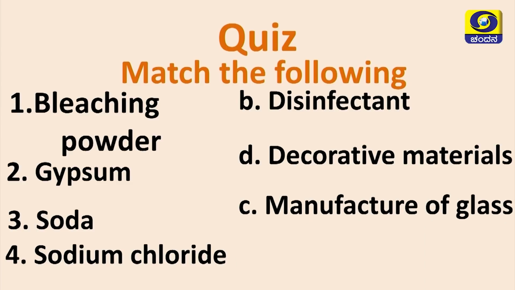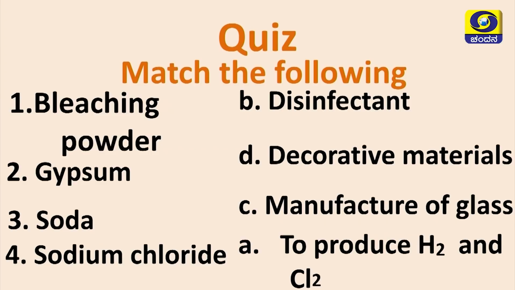Next is soda, it is used in the manufacture of glass, and soaps also, but here glass is given. Next, sodium chloride, to produce hydrogen and chlorine gases. Sodium chloride is nothing but the common salt we use for cooking. Okay. So, this is about the entire thing which is important for this chapter we have learned.